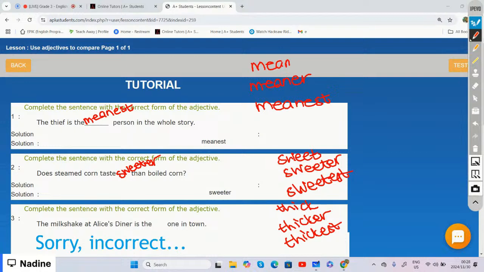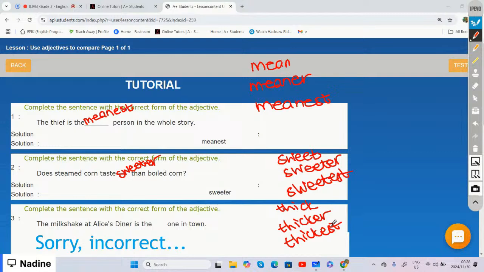Which one is correct? So thick, thicker, or thickest. Which one is correct? All right.